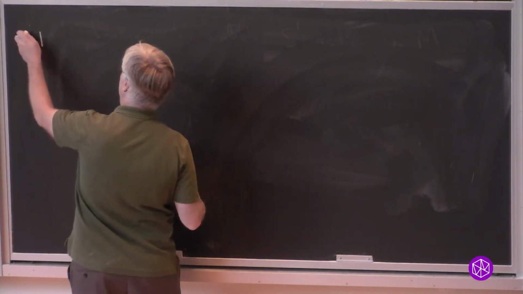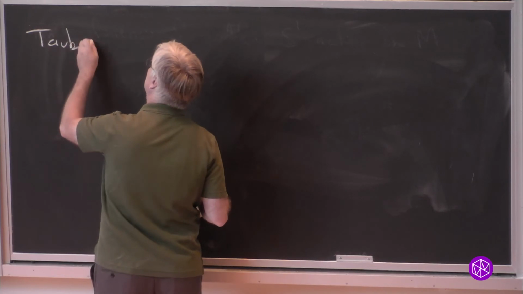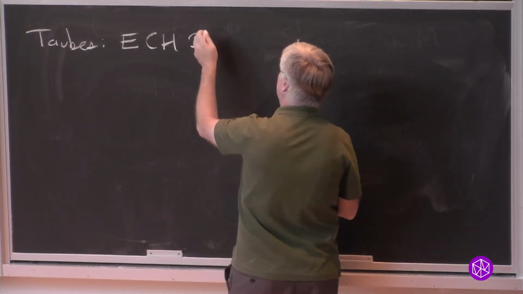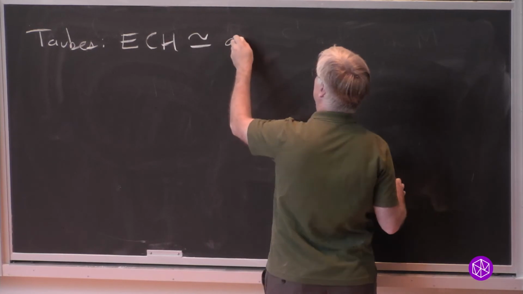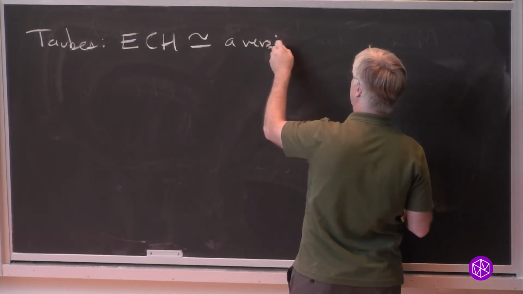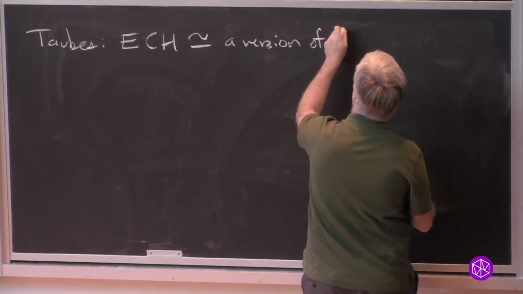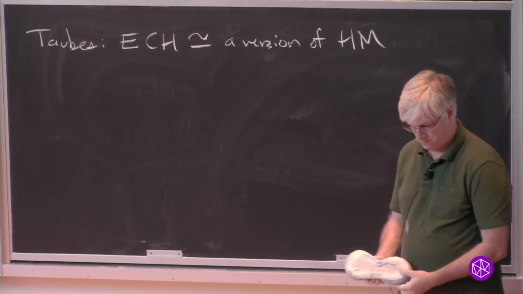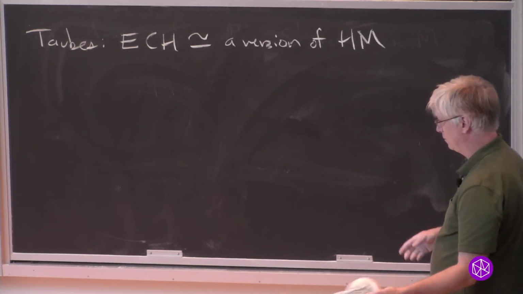And Taubes proved that this embedded contact homology is isomorphic to one of the versions of monopole Floer homology as defined in Kronheimer and Mrowka's book.